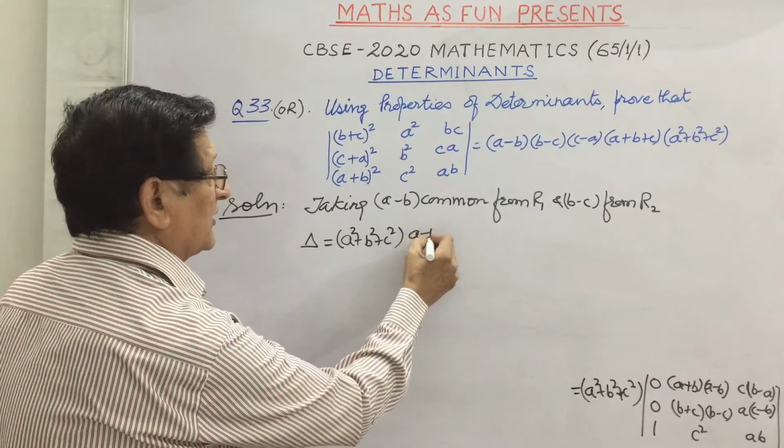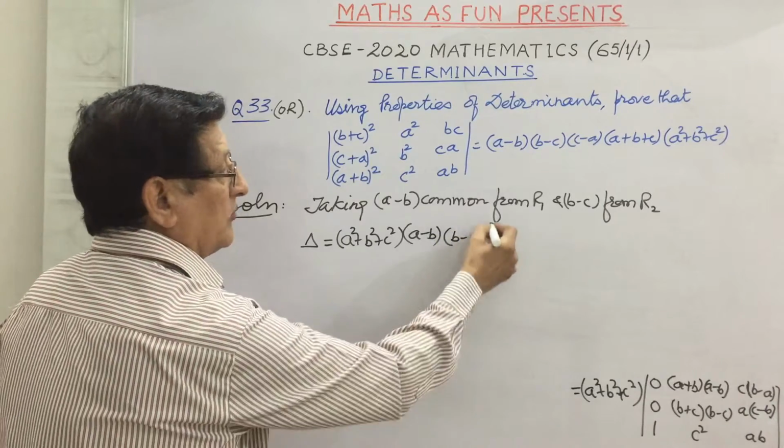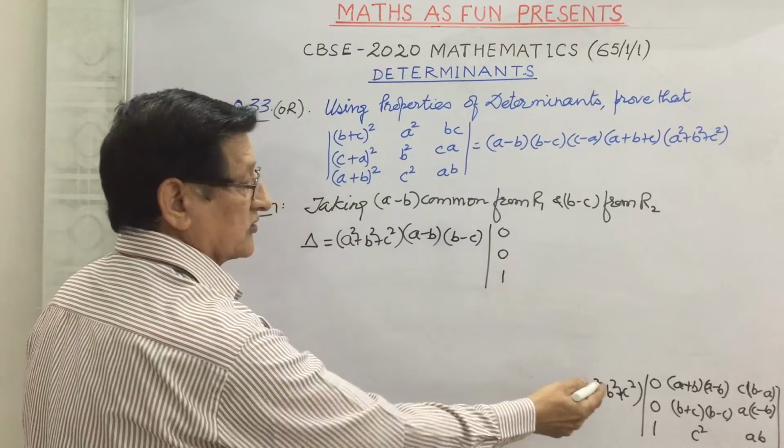We are getting A minus B common from R1, B minus C common from R2, and what we have 0, 0, 1 in the first one.